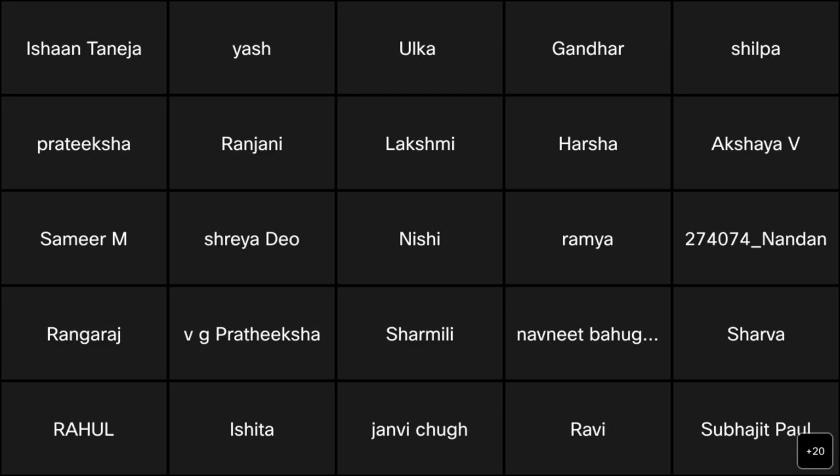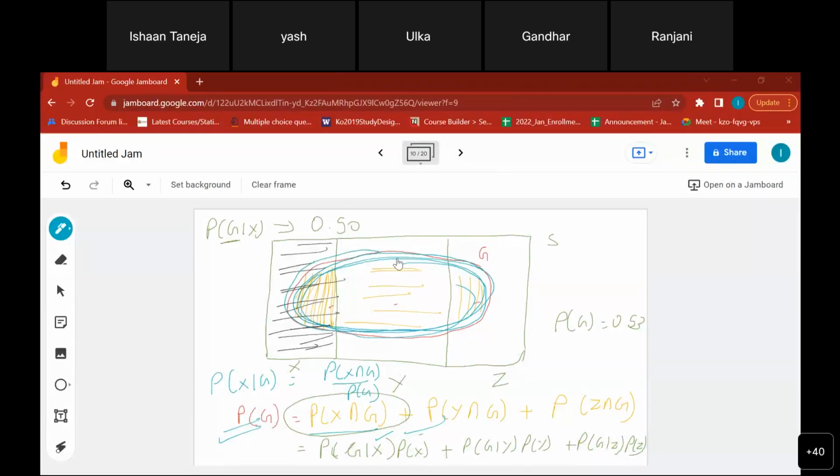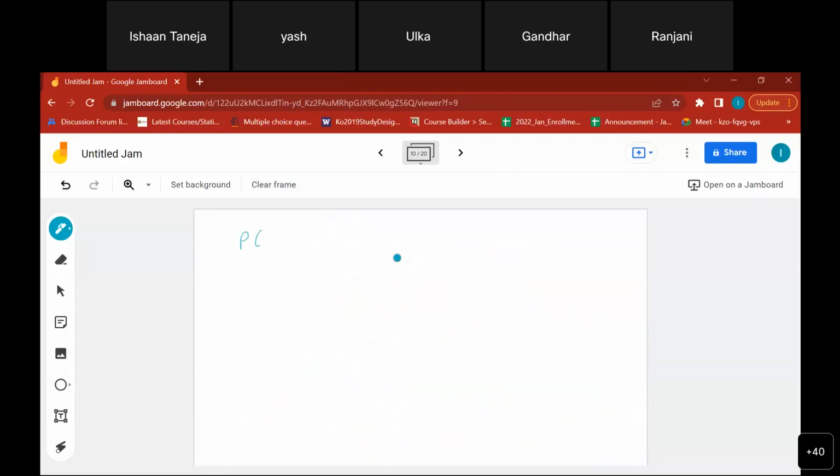It says that the probability P of X is equal to K multiplied by 3CX upon 3C(3 minus X), and X takes the values 0, 1 and 2.